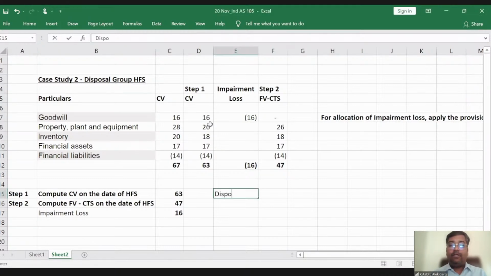The remaining assets in the disposal group held for sale debit, by how much amount? 26 plus 18 plus 17, that is 61. Then to disposal group liability, by how much amount? 14 million. To disposal group liability.